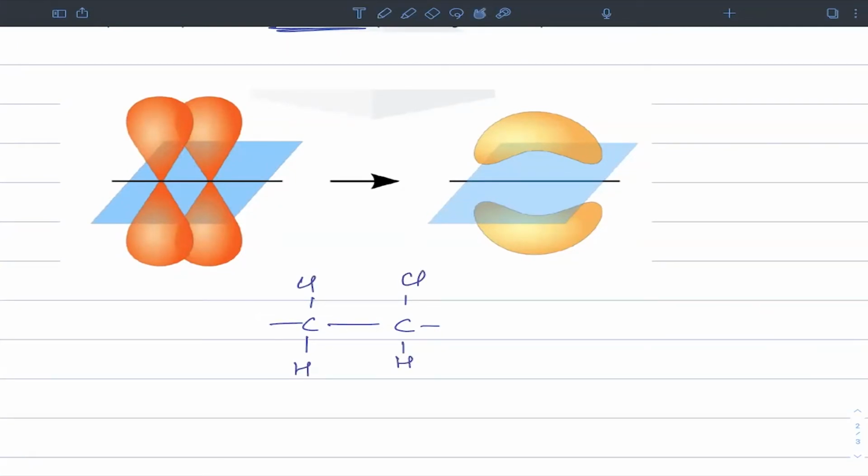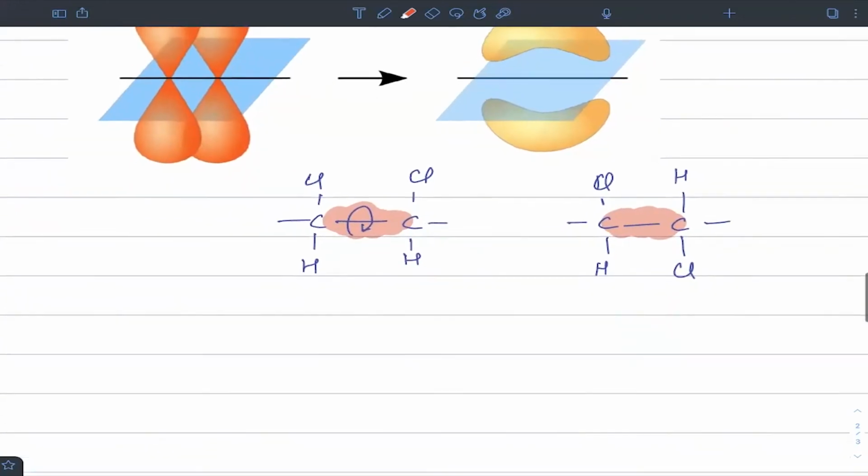So I can rotate this whole side, just give it an upside down rotation, and that is fine with the carbon's bond with the other one. So I can do this, so that this chlorine is up or this chlorine is now down, and that is fine. The rotation can occur because basically the sigma bond is nothing but this whole region. So the region stays where it is, no problem.